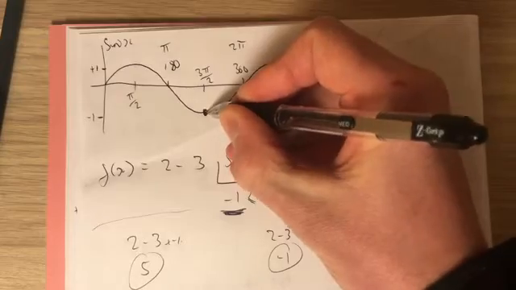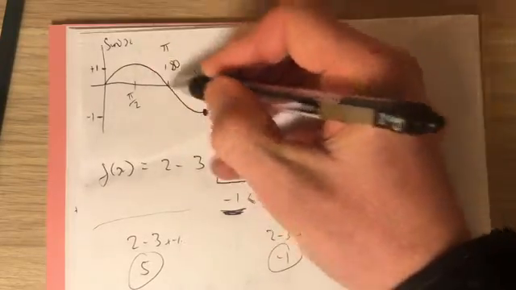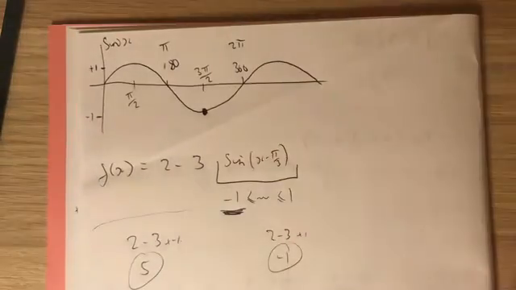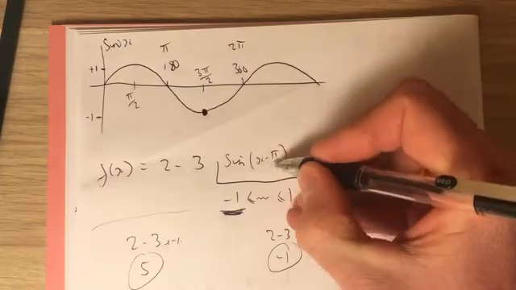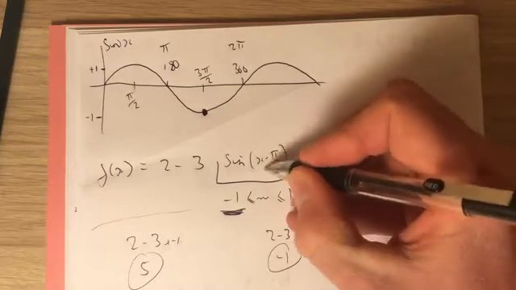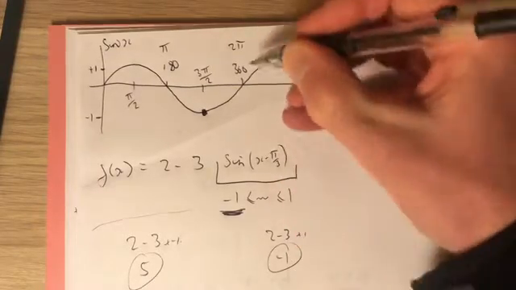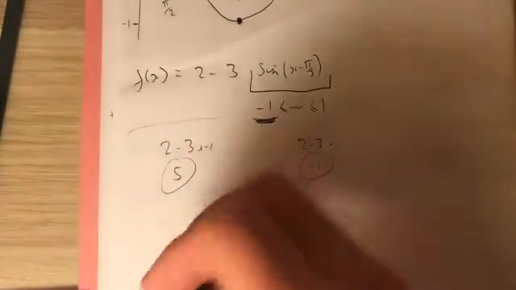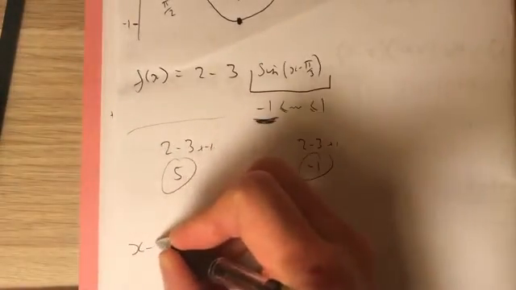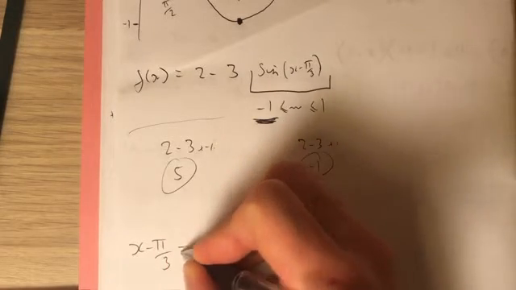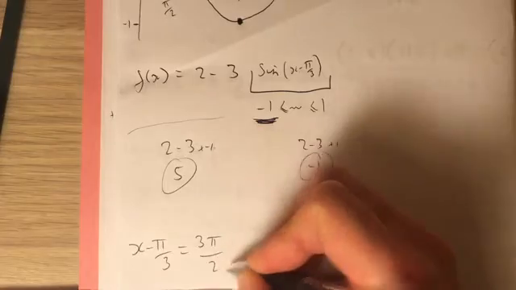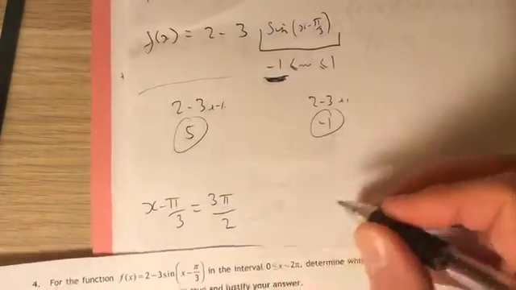So when this bit is inside my sine function, I get the answer minus 1, which gives me through to 5 at the end. Okay, so this bit in my sine function has to be worth this. So what I just said, the bit in the sine function has to be equal to 3 pi over 2. That's a bit of a mess.